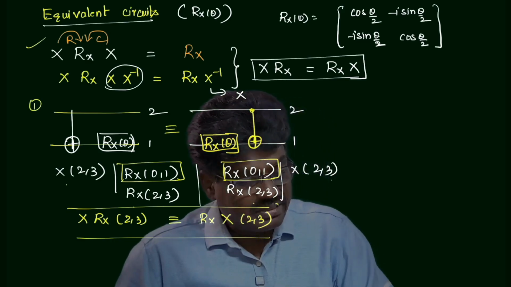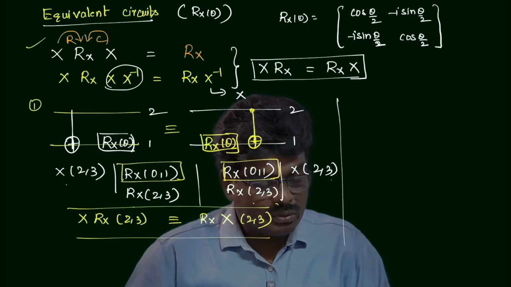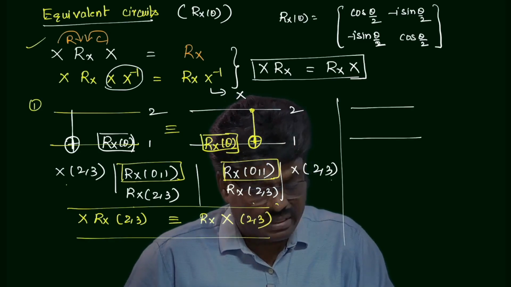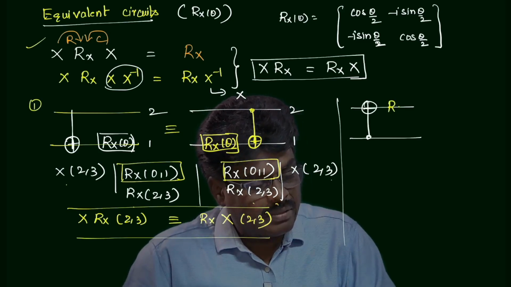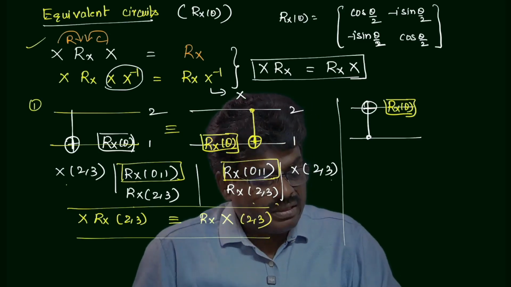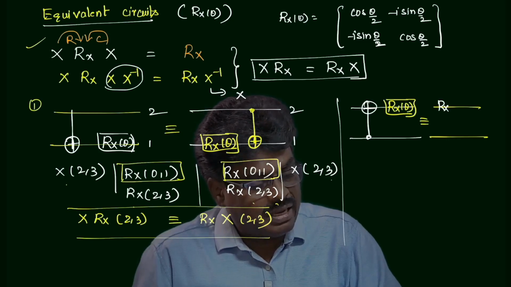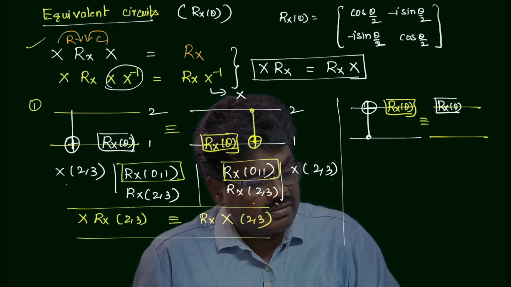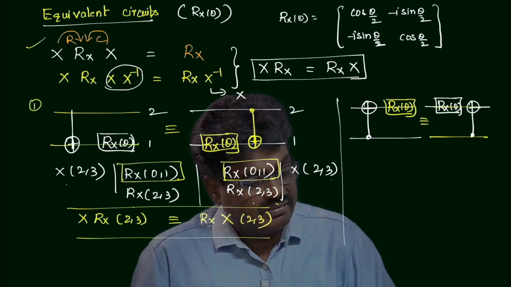Not only this, the second one: if you take the reverse, the reverse CNOT I have taken here, and this time Rx is here, because the x Rx combination is equivalent to, so here it is Rx of theta, and after that the reverse CNOT like this.